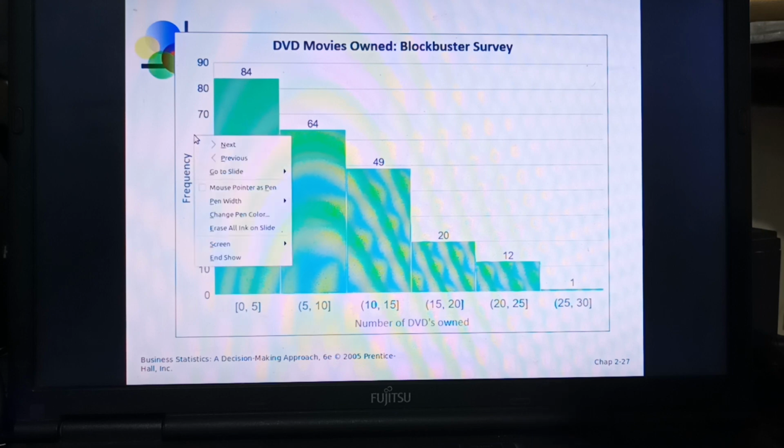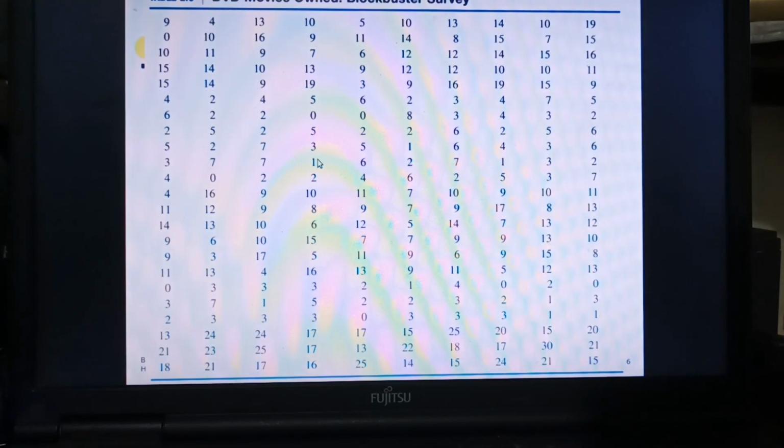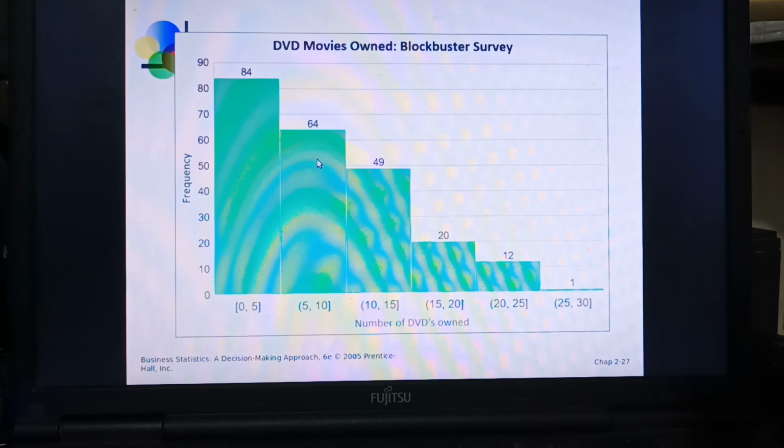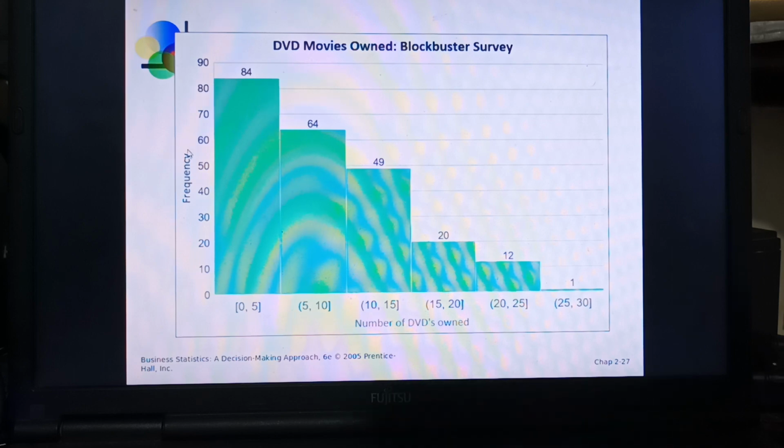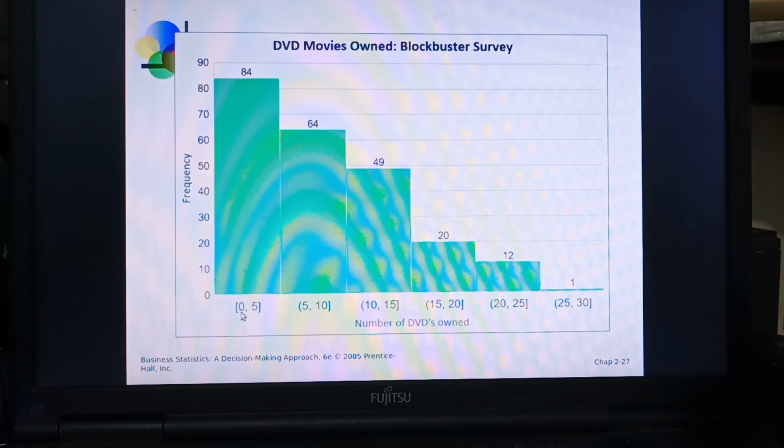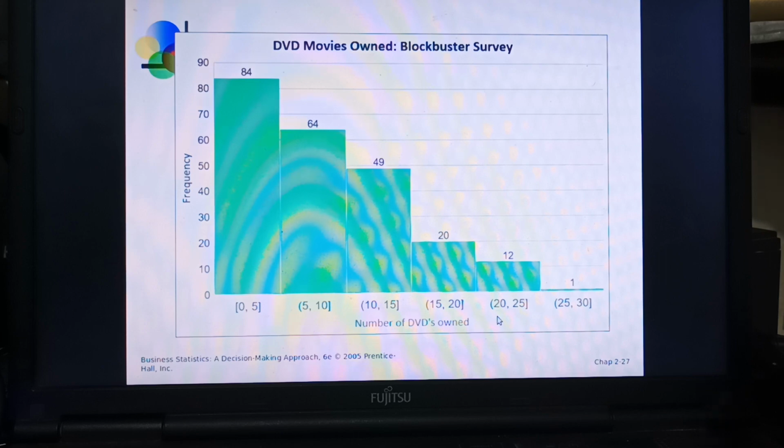They sorted this from lowest to highest, and then determined class intervals and then class frequency, and these are the classes: 0 to 4, then 5 to 9, 10 to 14, 15 to 19, 20 to 24, 25 to 29.